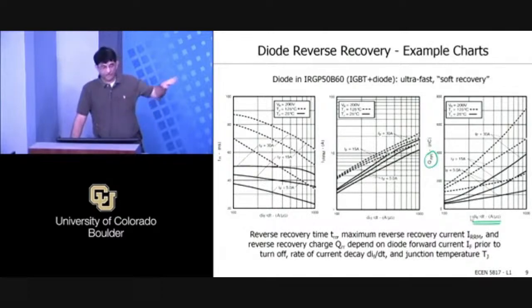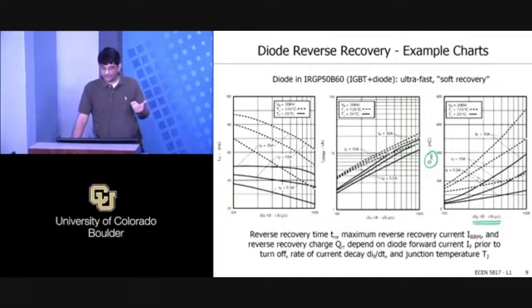In fact, if you try to turn the diode off very quickly, QRR actually increases, the reverse recovery charge increases. The reason is because if you're trying to turn it off very rapidly, then you have to pull all of the charge out of the diode. If you do it more slowly, the diode has time for the charges inside to recombine, right? So not all of the charge has to be pulled out. Some of it can just recombine inside the diode, and so it reduces the QRR which you actually pull out.